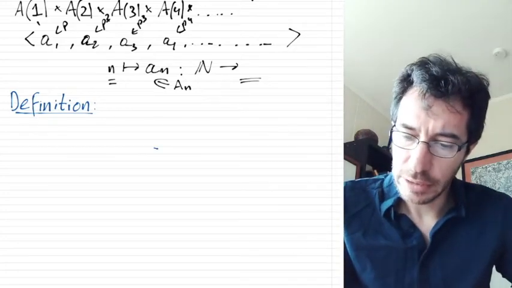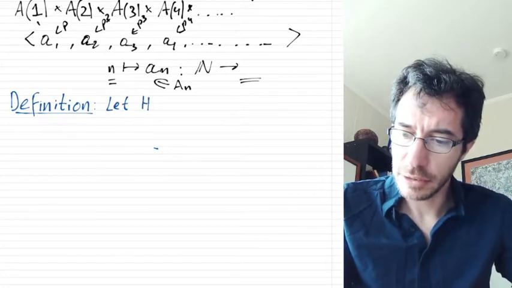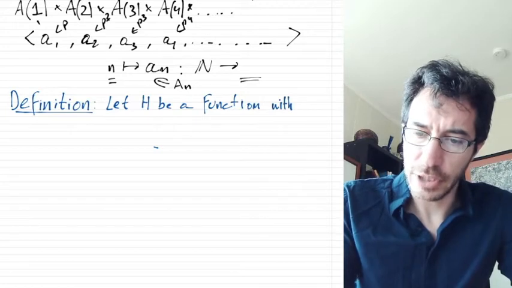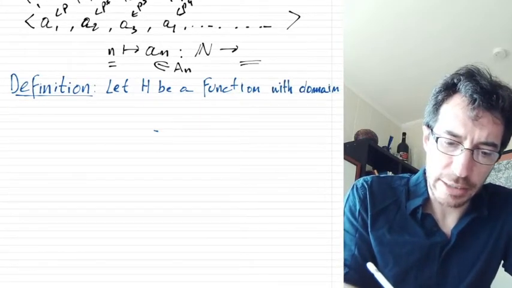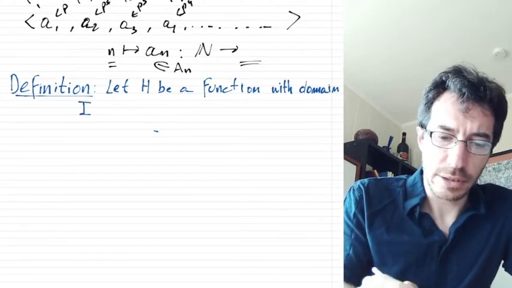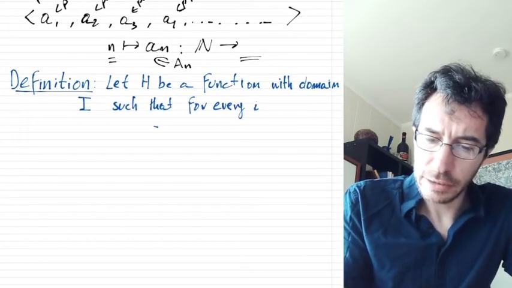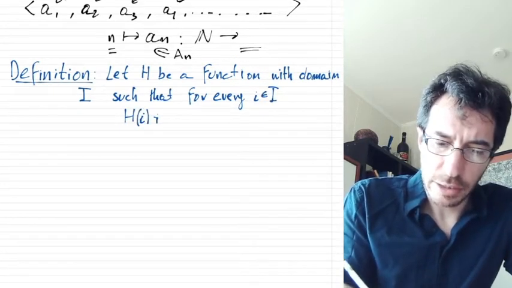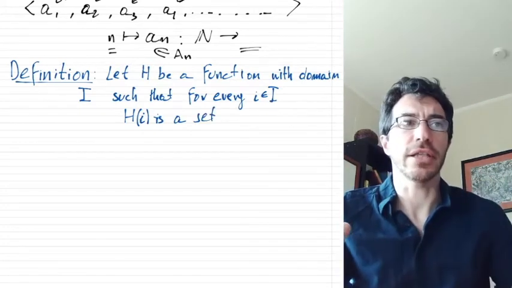So let h be a function with domain a set I, such that for every little i in the set I, h of i is a set. So we have a collection of sets.